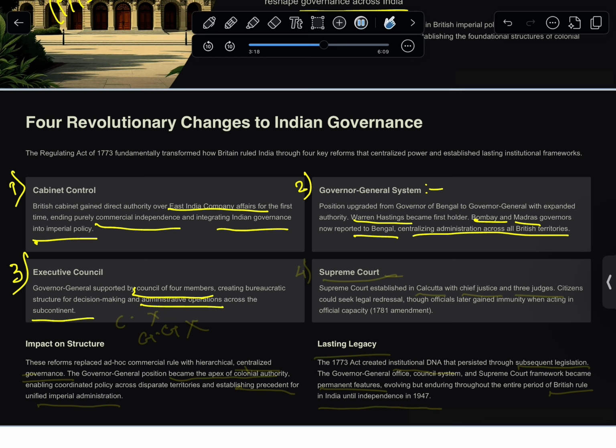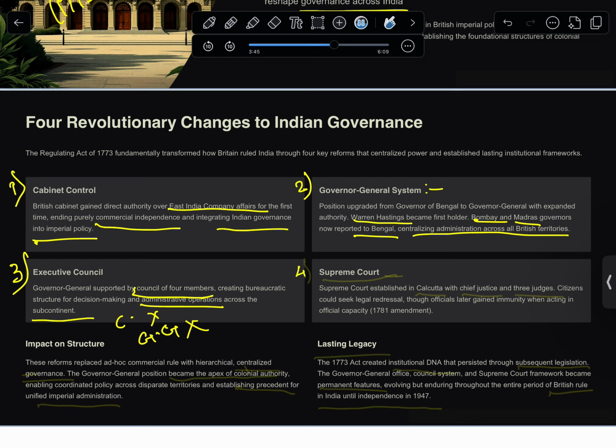But there was some confusion, because the council's authority and the Governor General's authority were not defined. So there was constant conflict between both sides.